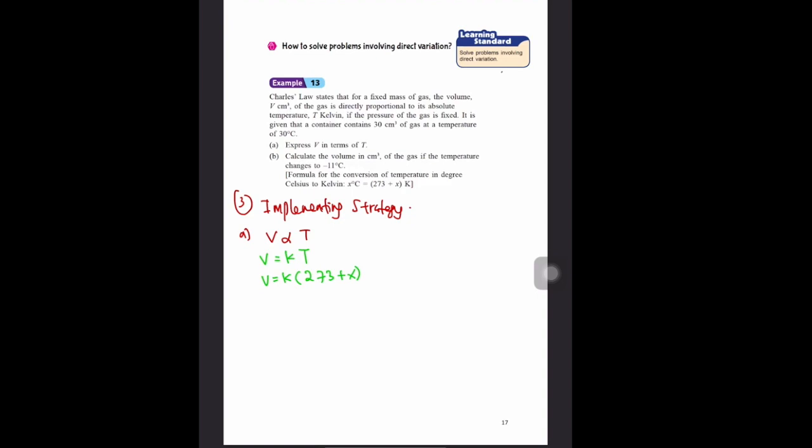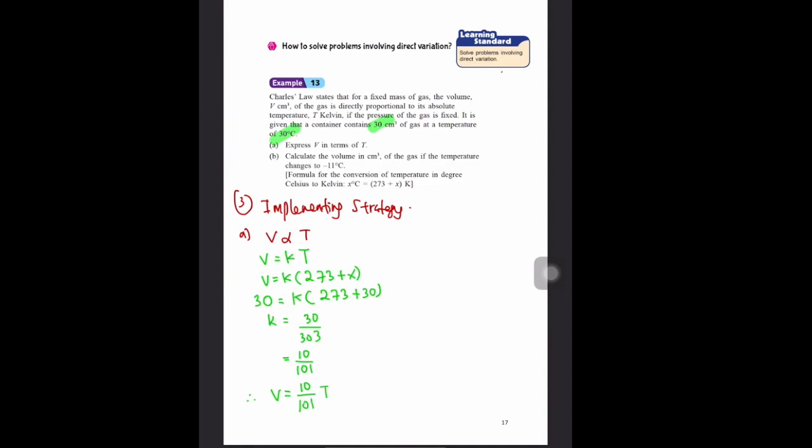From the question, V is equal to 30, so 30 is equal to k times 273 plus 30 degrees Celsius. So k is 30 divided by 303, and we will get 10 over 101. So we can conclude that V is equal to 10 over 101 T.